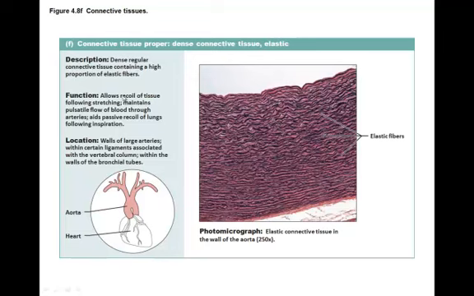So we need a lot of recoil here. That's going to be the function: the recoil of the tissue that follows the stretching. It's going to be in the walls of the aorta, and also in the ligamentum nuchae and the ligamentum flava of the neck. So that's it for our connective tissue propers.